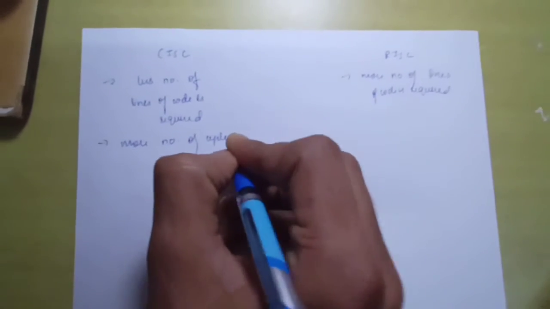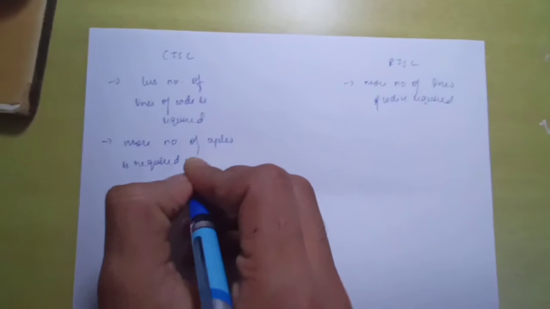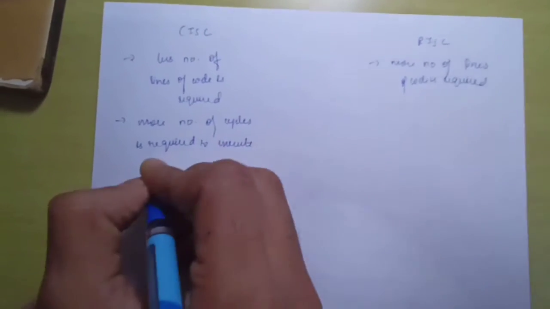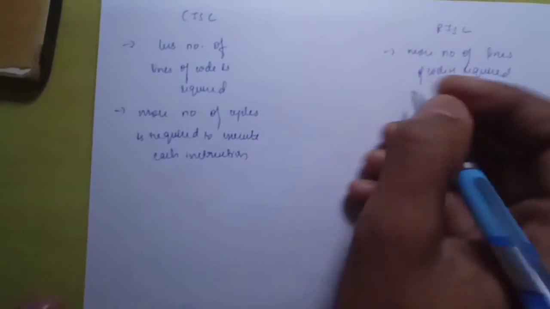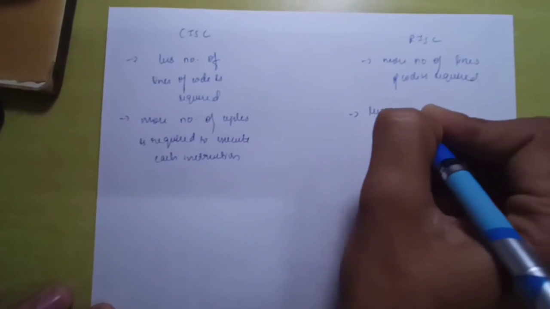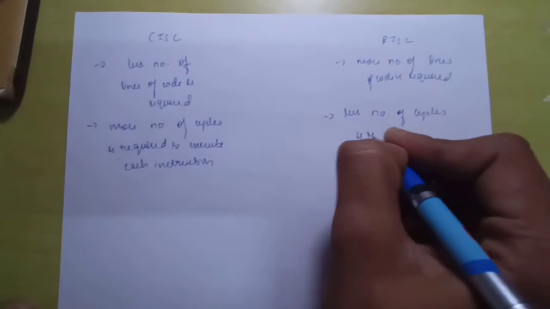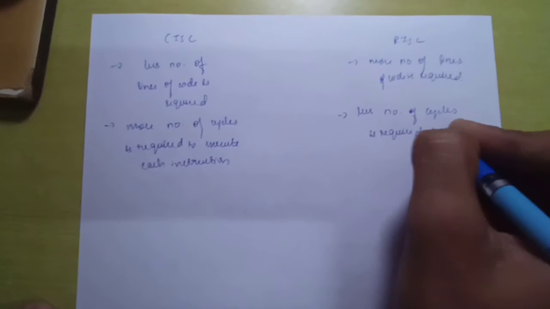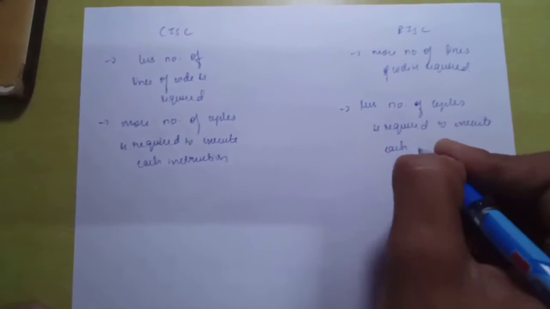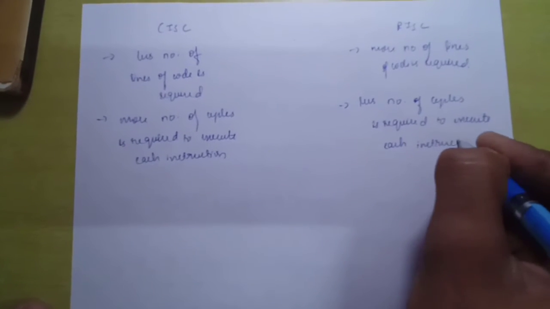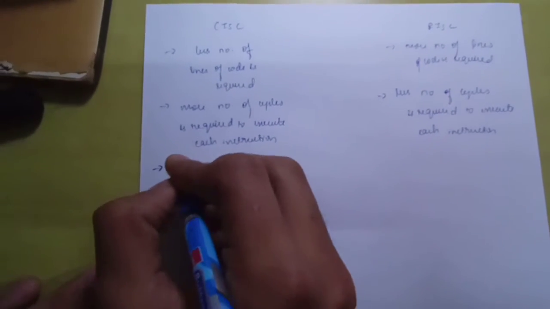In RISC, less number of cycles is required to execute each instruction, since the instruction would be simpler.